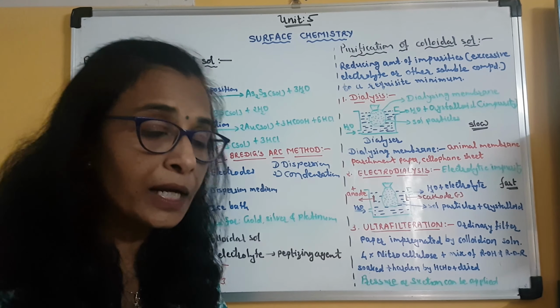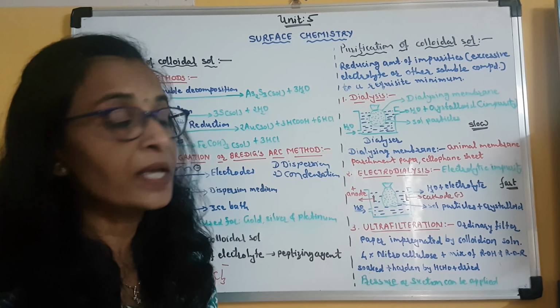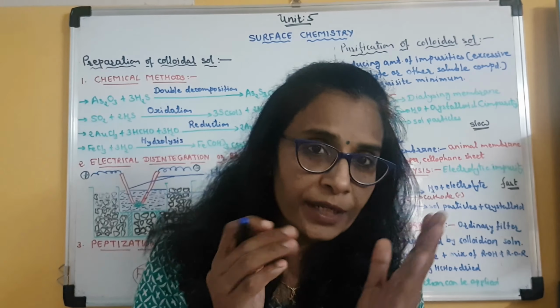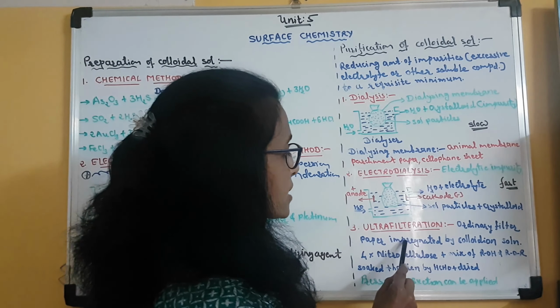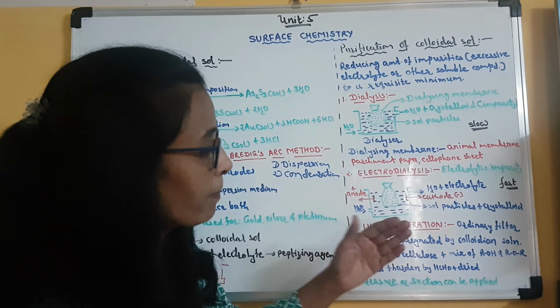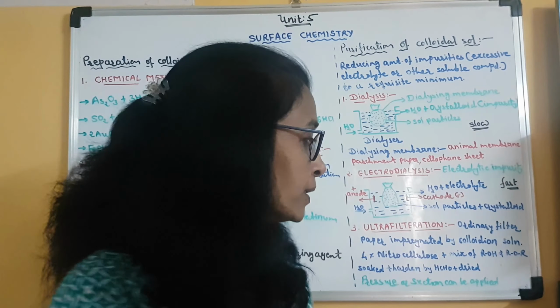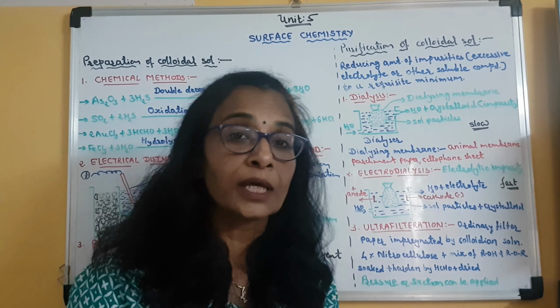It means ultrafilter papers are used. Now what is this ultrafilter paper? In that, ordinary filter paper is impregnated with colloidal solution. Impregnated means it is soaked in colloidal solution.